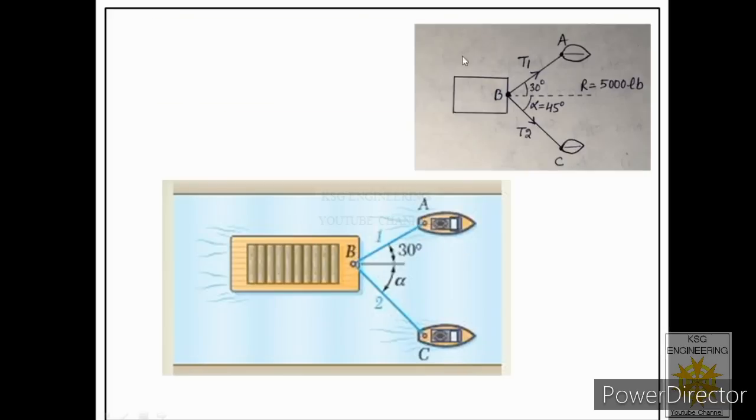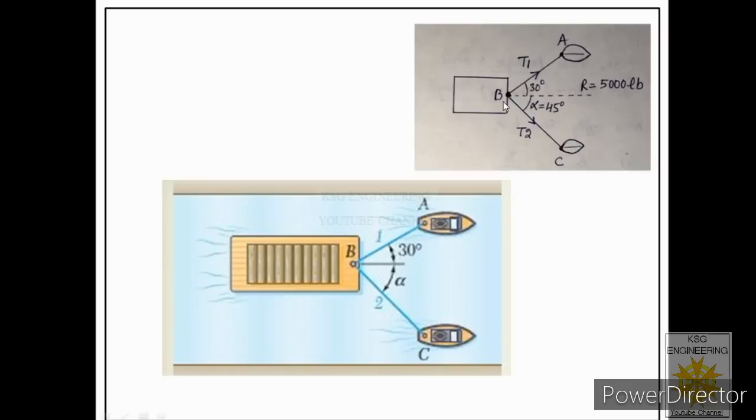So over here I have made the free body. You can see I have made the barge, I have made two tugboats, and I have labeled those boats as A and C. Then point B is also mentioned in the free body, where the ropes are connected to the barge.